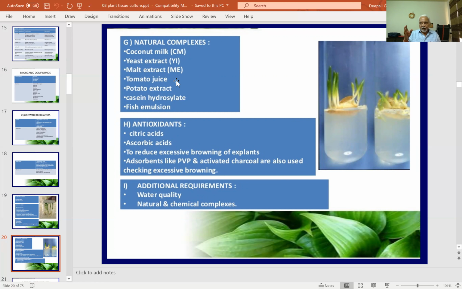If you use materials like coconut milk, tomato or potato, it depends upon where they are taken from and what their nutritional value is. That may vary, and the reproducibility of responses may be in question. So they are being avoided.